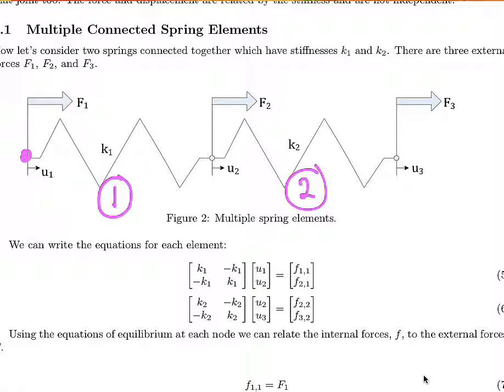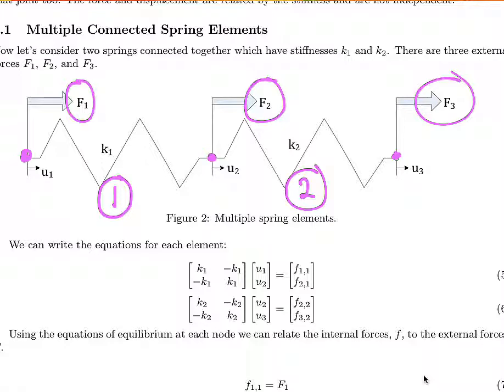Element 1 has these nodes. U1 and U2 are the displacements at these nodes. F1 is the external force at the node. F2 is the external force at the node. And then at the end of element 2, we have U3 as the displacement, and the external force is F3.